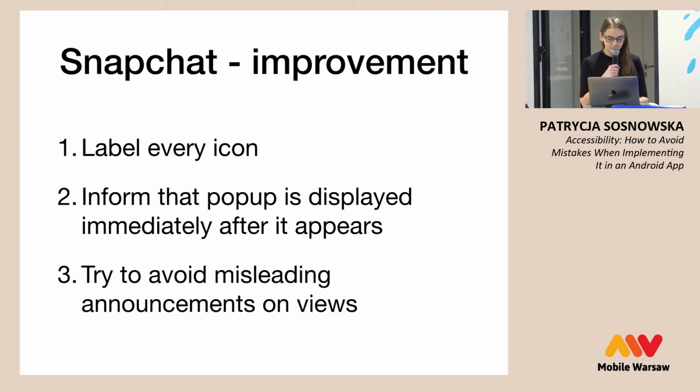And lastly, TalkBack was focused on the pop-up, not a clickable view, but it informed the user that it is clickable. We could hear an announcement, double tap to activate, when TalkBack was focused on the pop-up. But in this case, we should provide the user with information about an action that can be performed.